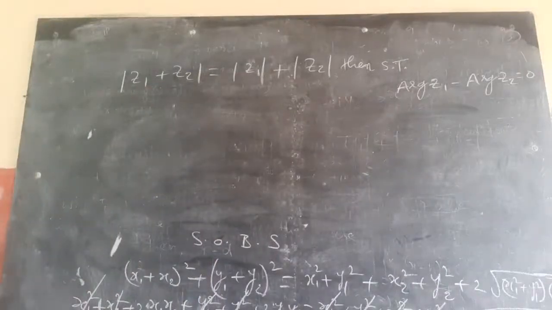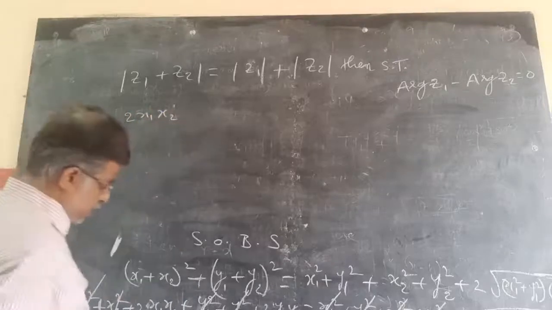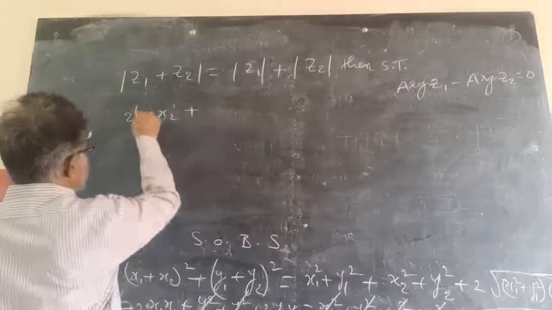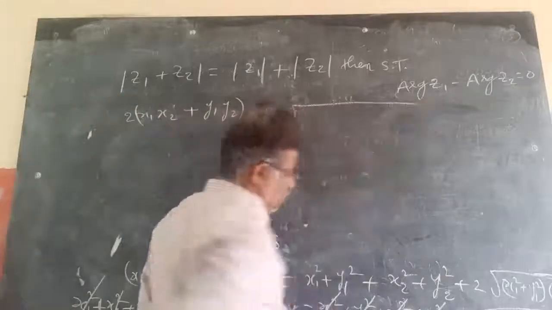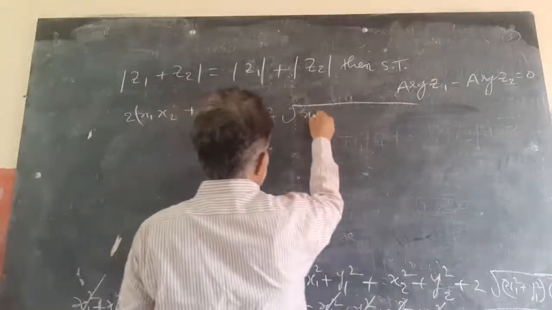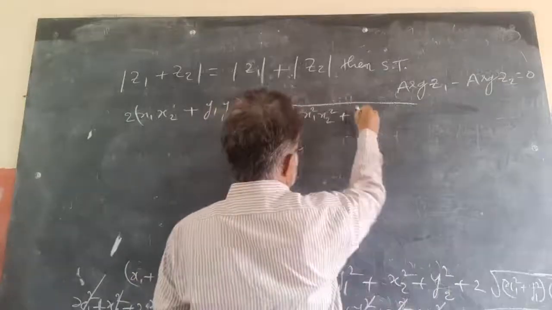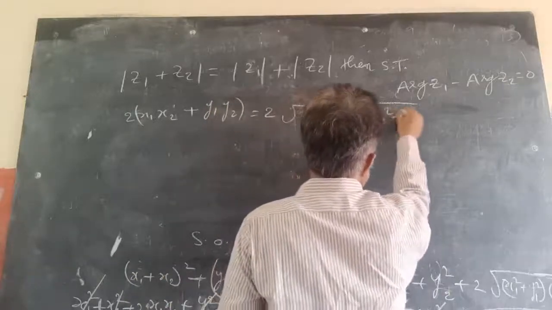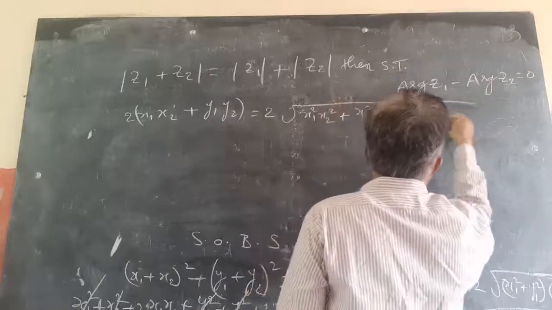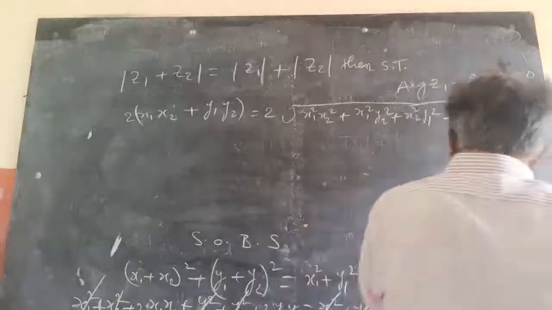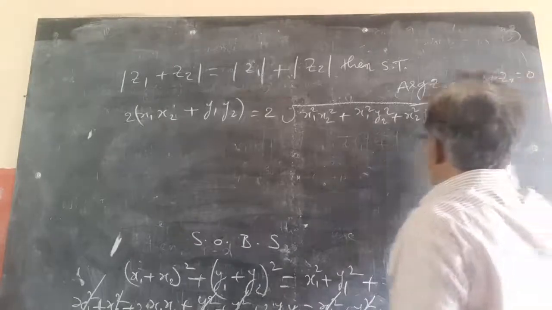So you will get 2 times x1 x2 plus y1 y2, taking 2 common, equal to 2 into root of x1 x2 whole square plus x1 square y2 square plus x2 square y1 square plus y1 y2 whole square, which means y1 square y2 square is what is left out.